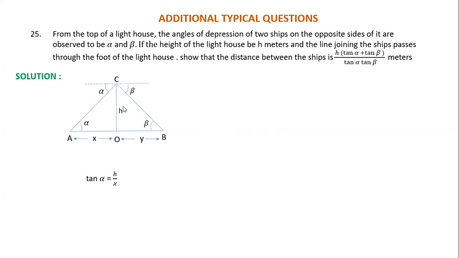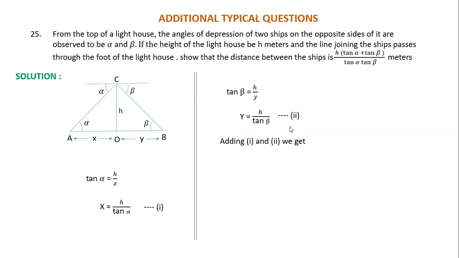Tan alpha is equal to h upon x. x is equal to h upon tan alpha. Let this be first. Then tan beta is equal to h upon y. y is equal to h upon tan beta. So x plus y we want. That is your second equation.